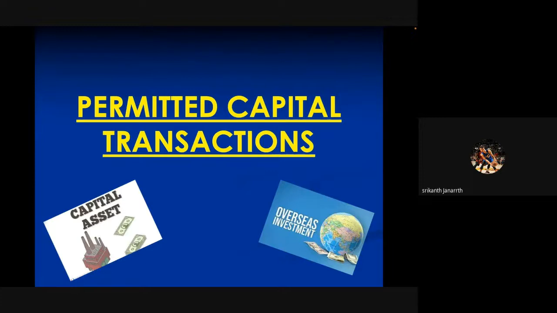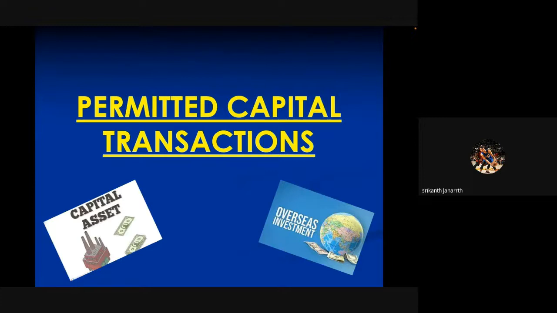The financial assets, say, take shares, take investment in securities, investment in bonds, treasury bills, debentures, unit trusts, bank deposits, everything is construed as financial assets. Real assets and financial assets, the common name for both is capital assets.